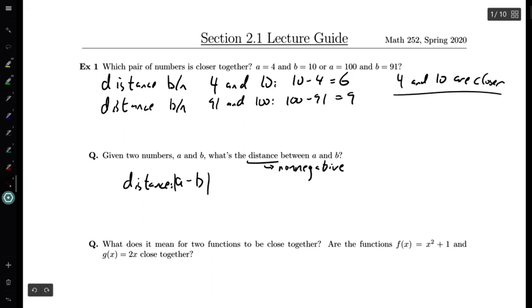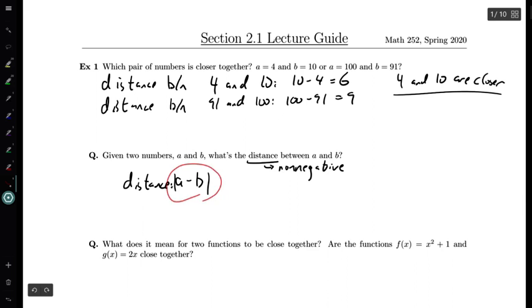If I take 4 minus 10 in this example 1 here, I get minus 6 out, but then I take the absolute value of it to get something positive. If I had done the other example in the reverse order, so maybe I had done 91 minus 100, I would get minus 9, and I take the absolute value of it, and I get back to the plus 9 that I know the distance should be.